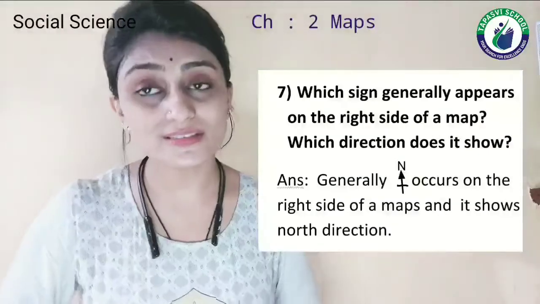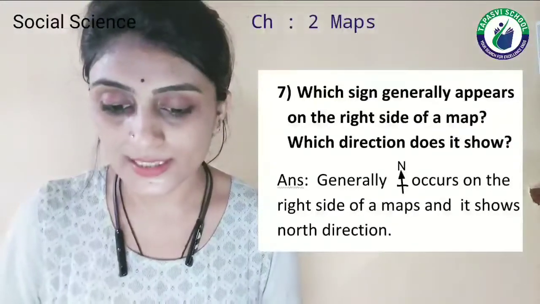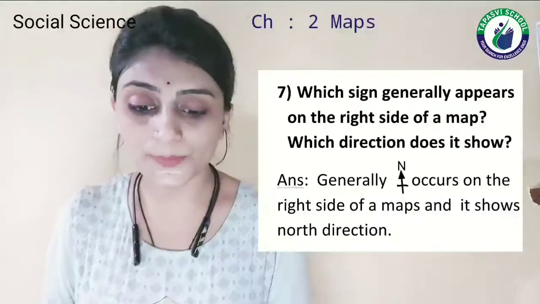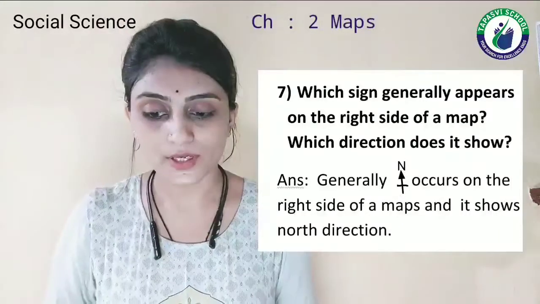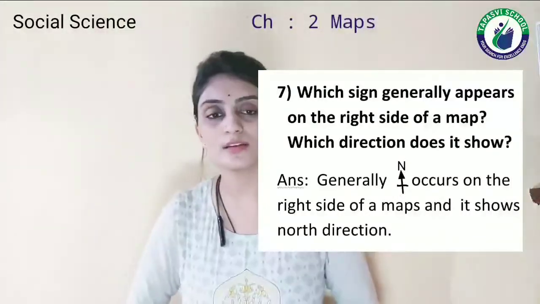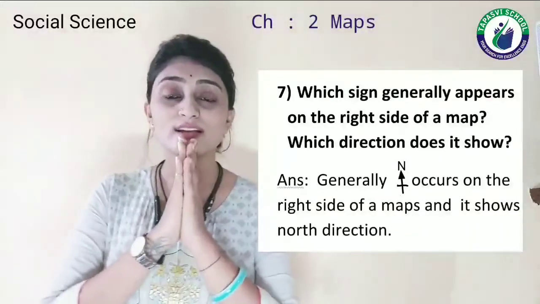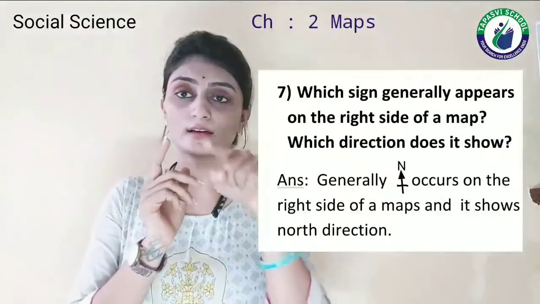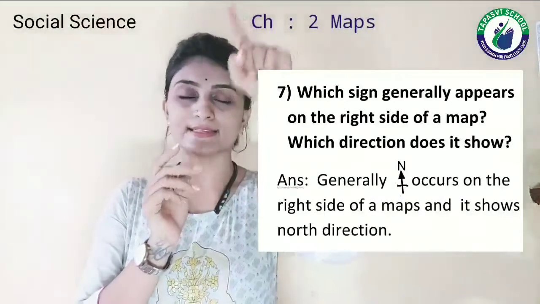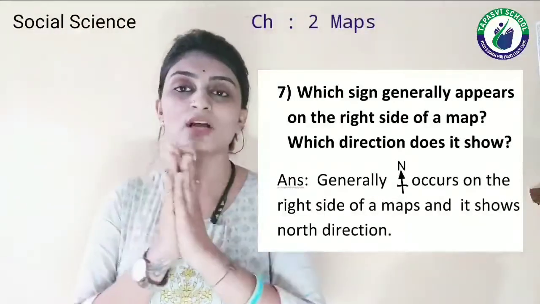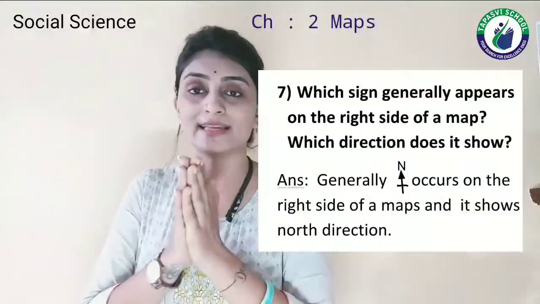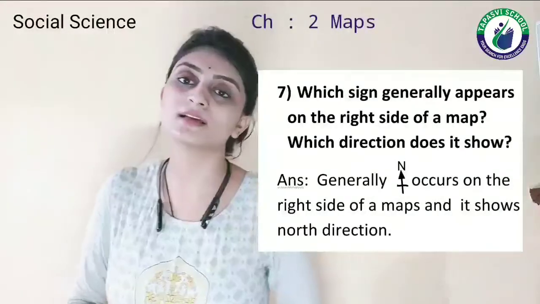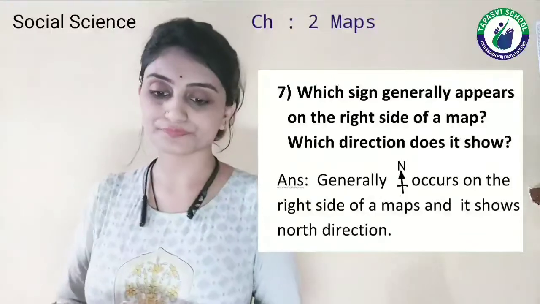Next is, which sign generally appears on the right side of the map? Which direction does it show? So generally on the north side there is a sign like an arrow and N. This kind of sign will appear on the north side, and obviously this indicates the north direction.